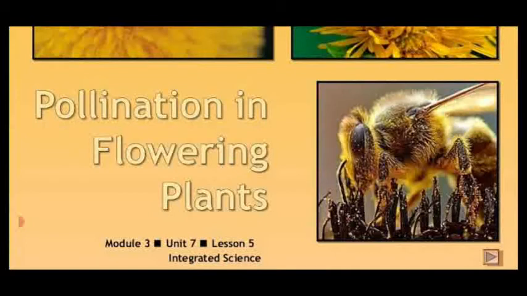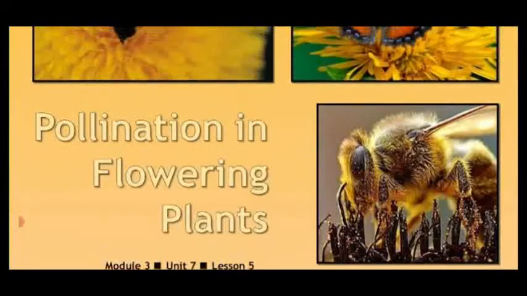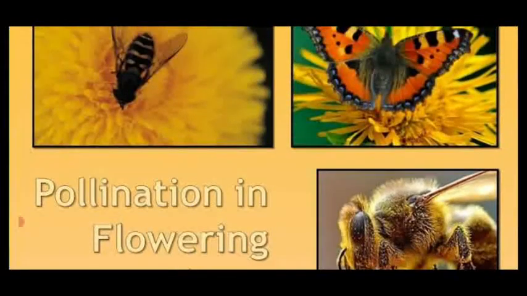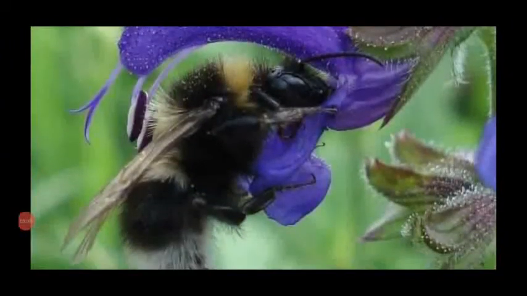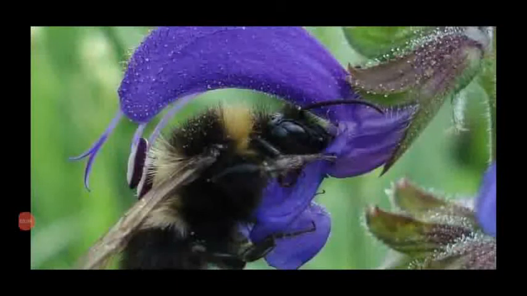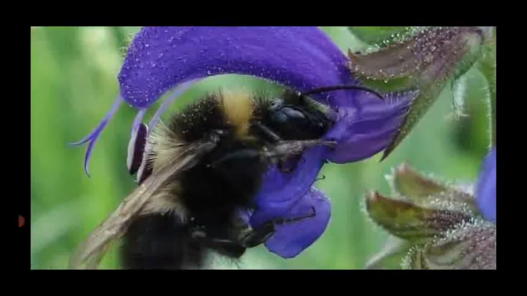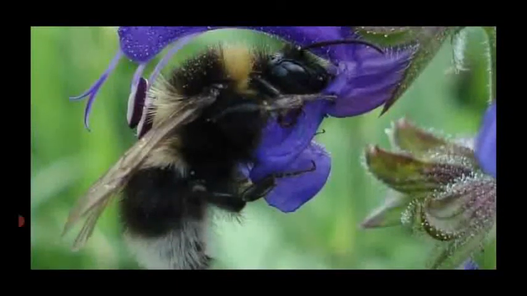These insects are doing cross pollination by different modes of mechanism. One of the plants is called Salvia, which shows the lever mechanism. Dear students, this is the Salvia flower, which shows the lever mechanism.